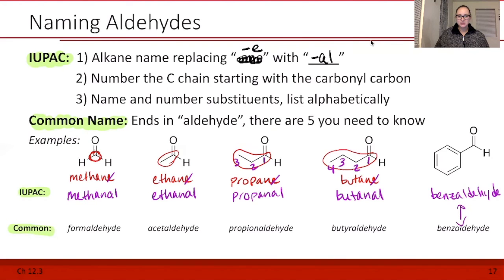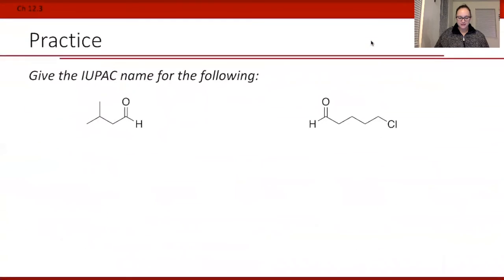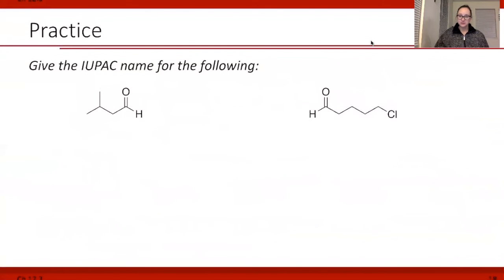Okay, let's do a couple practice molecules with substituents real quick before we get going. So for this molecule, we're going to put our carbon 1 on our aldehyde. 2, 3, 4 is our numbering. So we would have butane, but we're going to drop the E and put AL, so we have butanal as our parent chain.